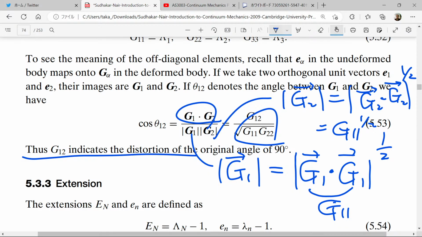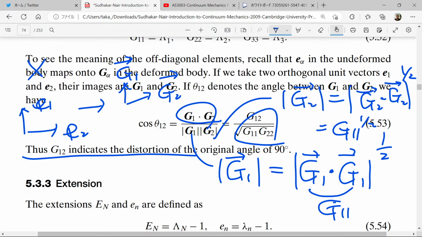If you have E1, you have E2 in material coordinate, right? Then this goes like G1, which is vector, and G2, which is also vector, right?